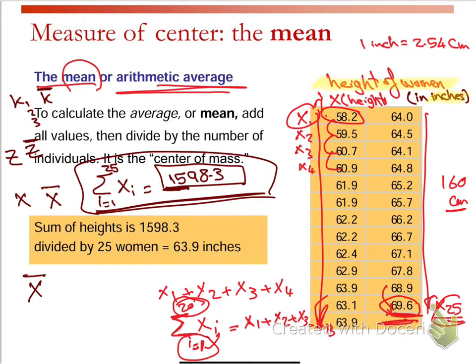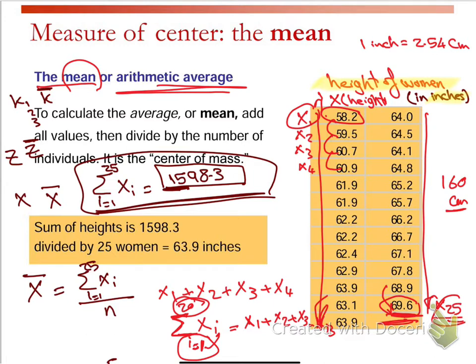This is called bar. So x bar will be the sum of xi, where i starts from 1 up to 25, or up to n. In our case it is 25, divided by 25, the number of them, divided by n.